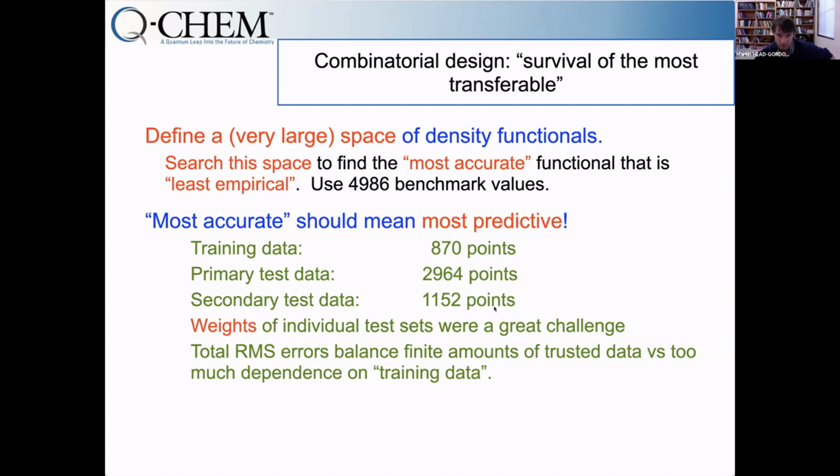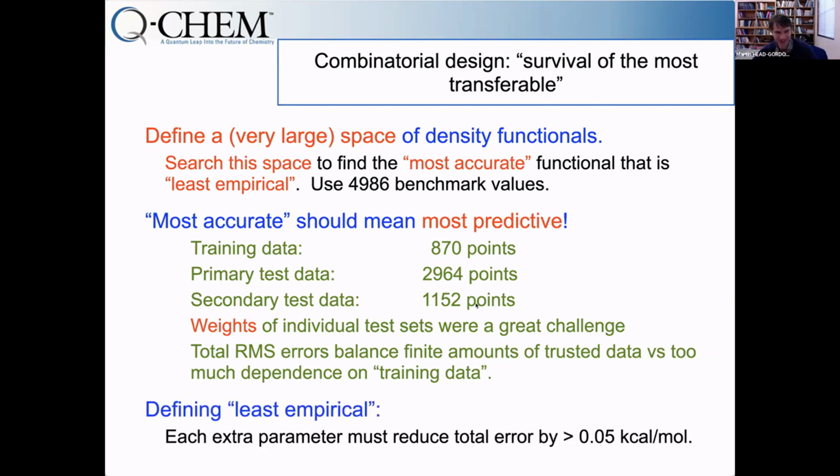So in principle, the great merit of this approach is that we avoid overfitting to the extent possible. You can't ever be sure that you've avoided overfitting. And least empirical, well, this basically means we should choose a simpler functional over a more complicated functional, if at all possible. And so that's the idea.